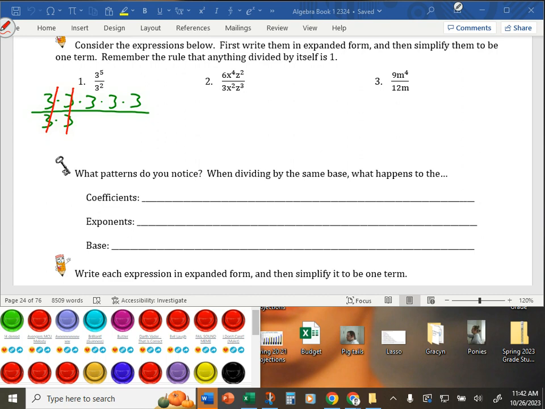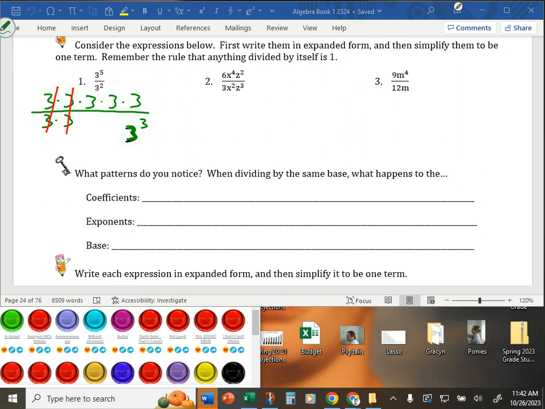What do we have left? Well, what's in our numerator there? How would you write 3 times 3 times 3 using a power? We're not evaluating here. We're just simplifying. Yeah. 3 cubed. Okay. And then what's left in our denominator?